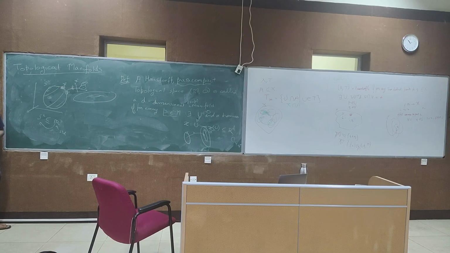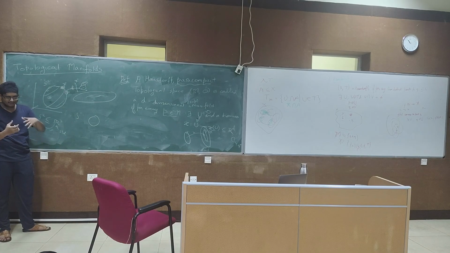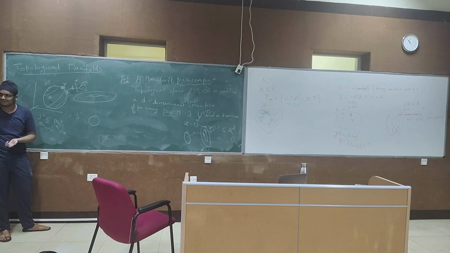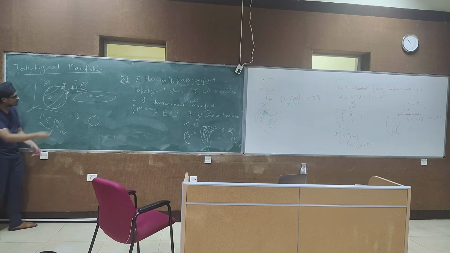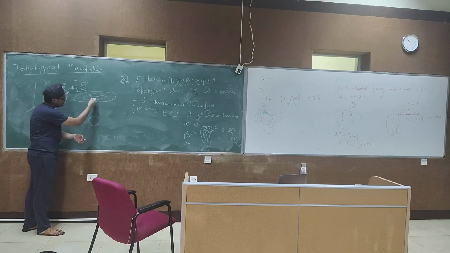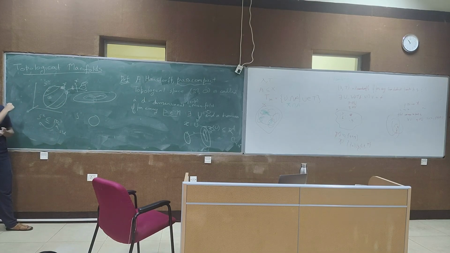So S1 is a circle. If you take the Cartesian product of two circles, you get a torus. If you take the Cartesian product of three circles, I don't know what it is called, but it is just S1 cross S1 cross S1. The torus is two circles orthogonal to each other. S2 is not S1 plus S1.